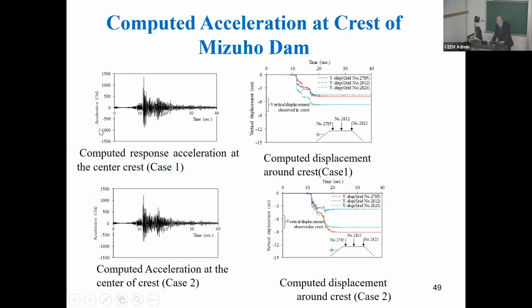Here the figure shows computed acceleration at crest of Mizuho Dam. And this one, computed displacement. This one is at the crest.